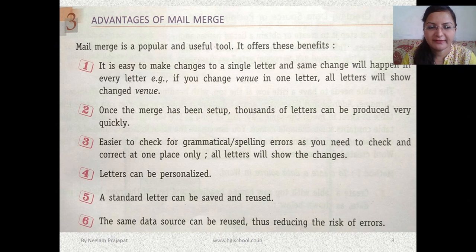So once the merge has been set up, thousands of letters can be produced very quickly. Now it is also easier to check for grammar and spelling, because we have to check only one letter.